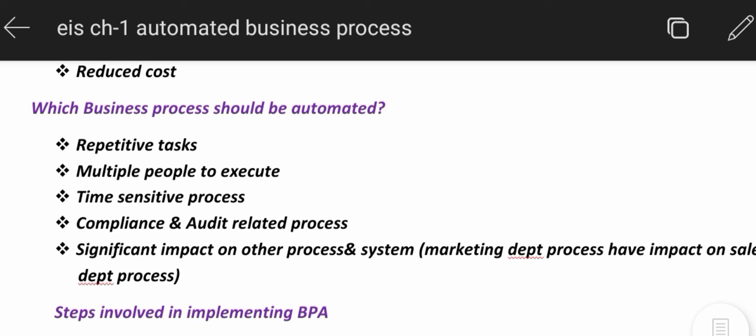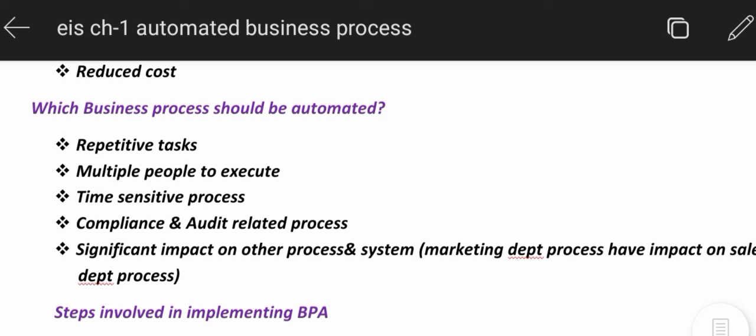Now coming to processes which have a significant impact on other processes and systems. For example, the purchase department's process has an impact on the production department's process. When the purchase department purchases good quality materials from the suppliers, the good quality raw materials are issued into the production process.